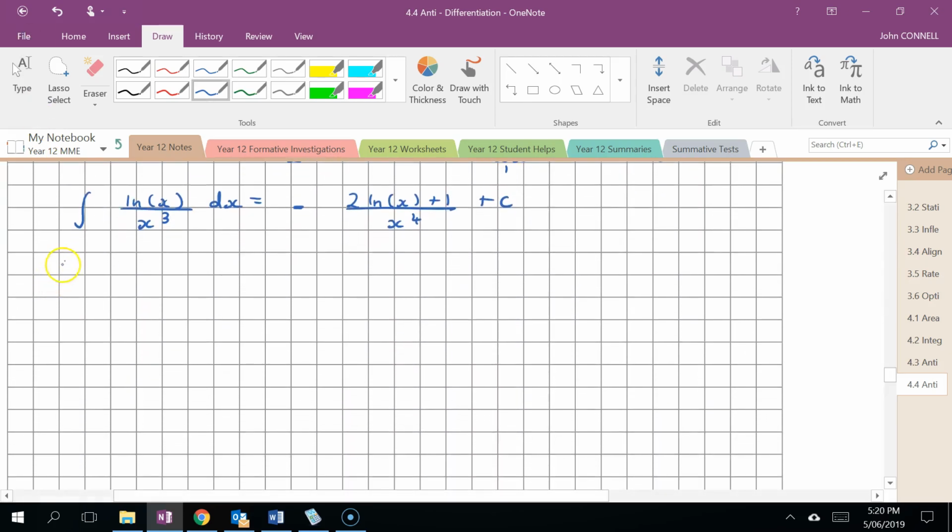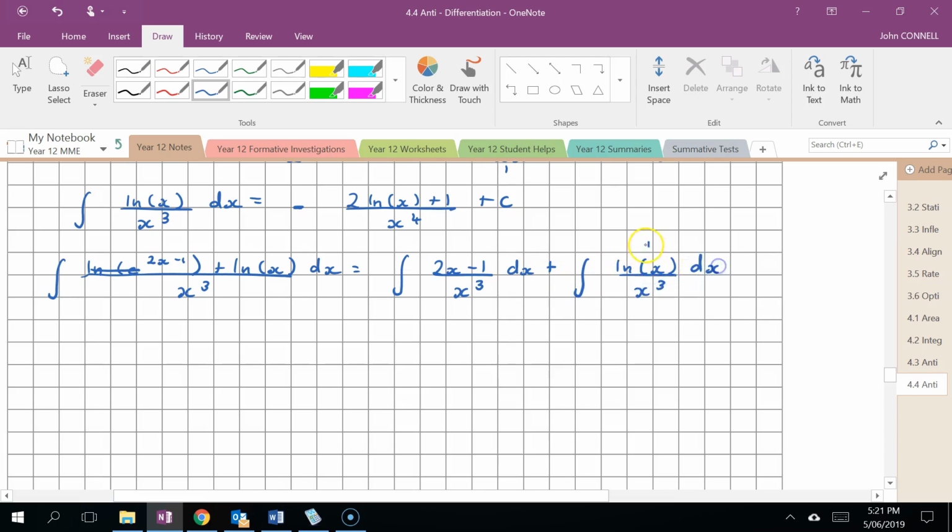So I can then write down the integral of ln e to the 2x take 1 plus ln x all over x cubed, which is equal to the integral, well, ln and e just cancel, so that'll just be 2x take 1 on x cubed plus the integral of ln x on x cubed.